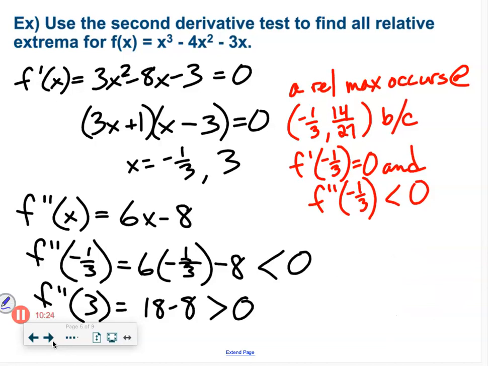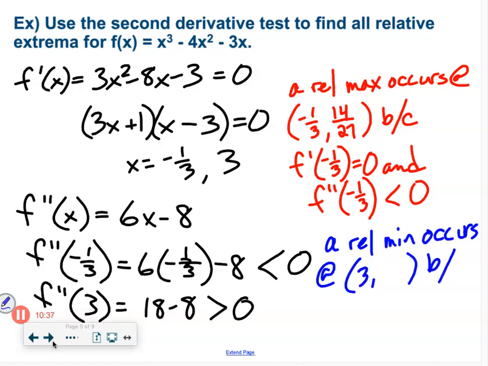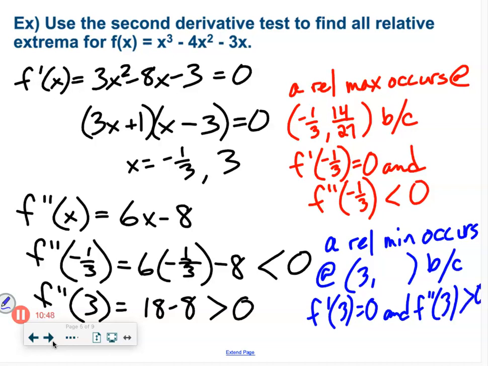All right, other one. A rel min occurs at 3 comma something because f prime of 3 equals 0 and f double prime of 3 is greater than 0. All right, to find the y value, where do I plug in to get the y value? Original function.